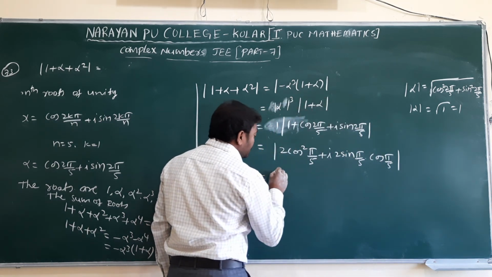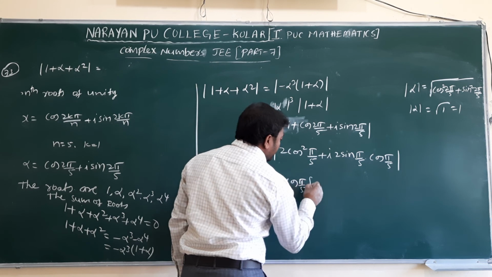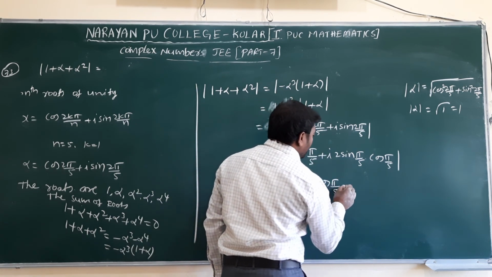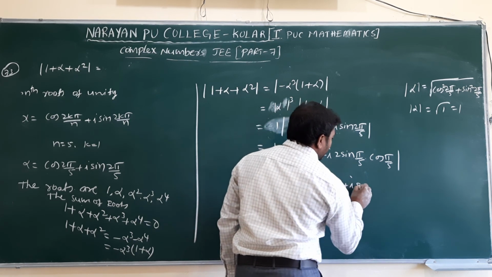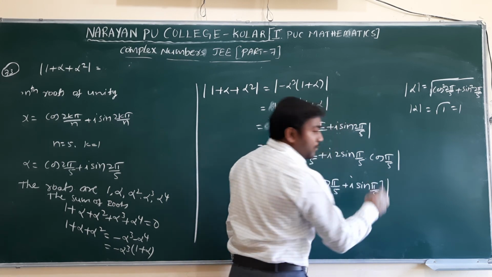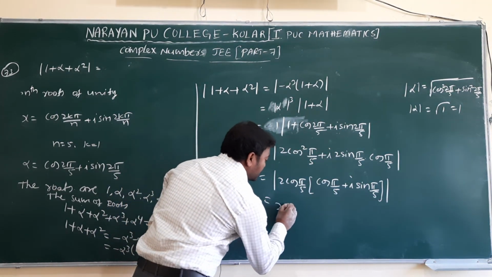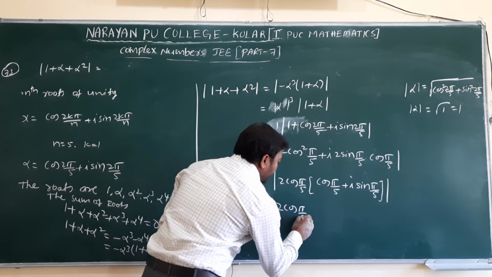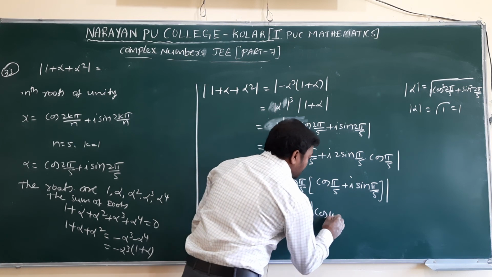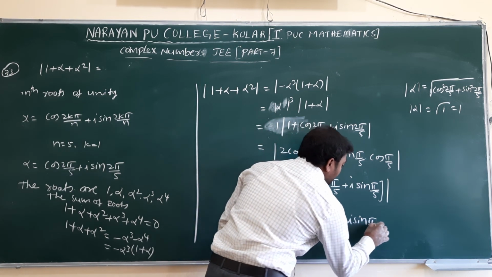Here we have to take 2 cos pi by 5 common, remaining cos pi by 5 plus i sin pi by 5, modulus. 2 cos pi by 5 into cos pi by 5 plus i sin pi by 5.